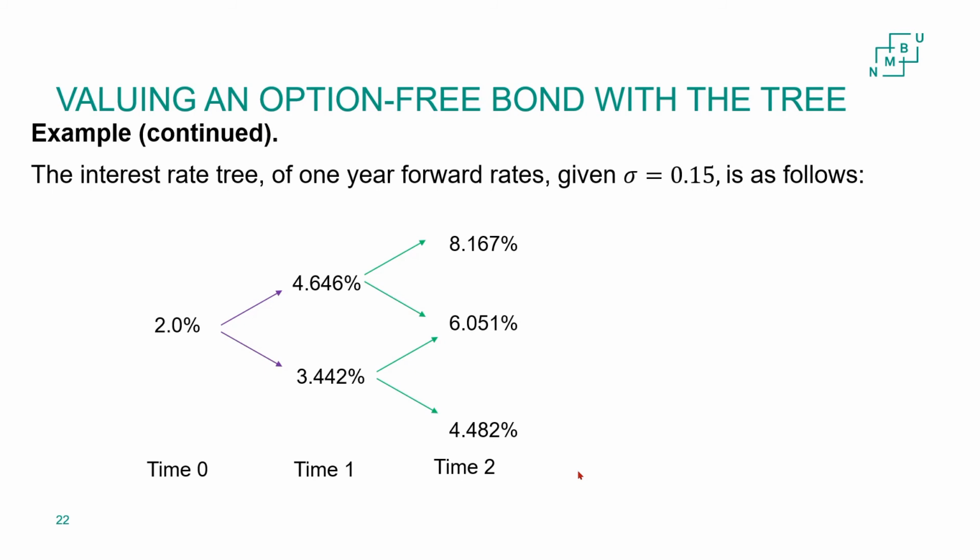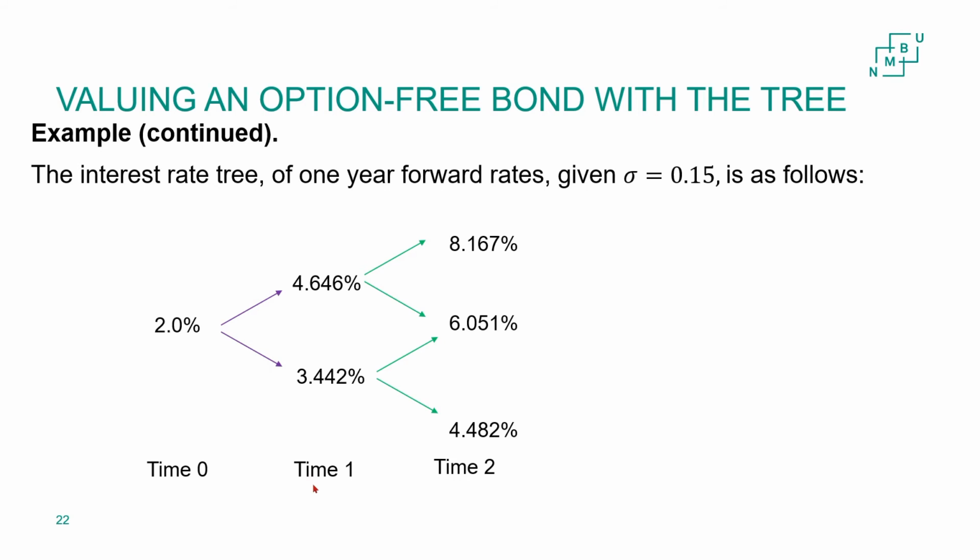Here we have already calibrated our tree using the method of 2 slides ago, and we have assumed a standard deviation per year of 0.15, 15%, and we start off with the 1-year interest rate, which is 2%, and then we have a down move or an up move at time 1.